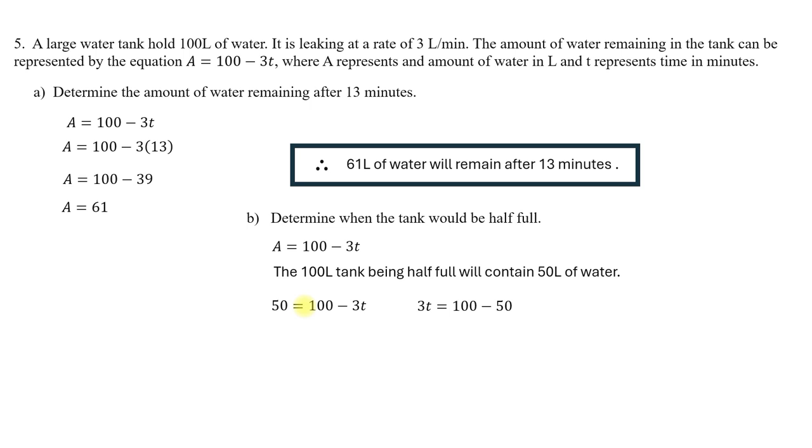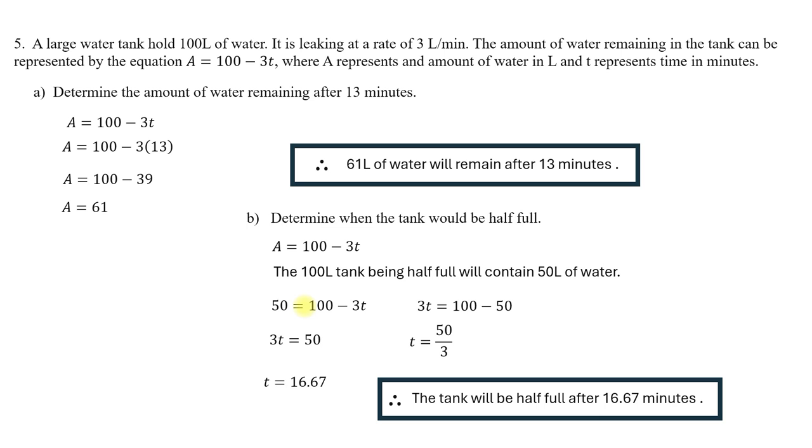Let's further simplify that a little. 3t equals 50. If 3 times t equals 50, then t by itself is going to equal 50 divided by 3. T will equal 16.67. So we can say that the tank will be half full after 16.67 minutes.